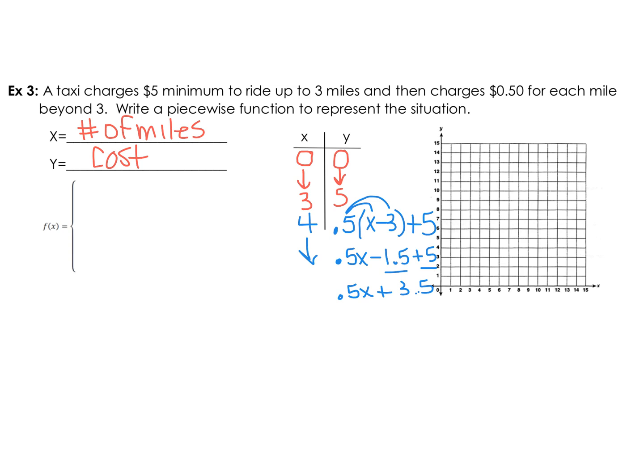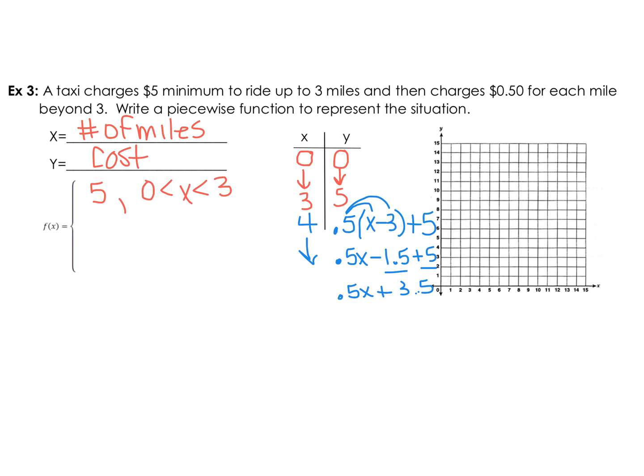All right, so let's go ahead and write our function real quick. The f of x, or the y value, is going to equal 5 for all of your x, or your miles, that are between 0 and 3. Then we have to decide, is 0 included or is 3 included?